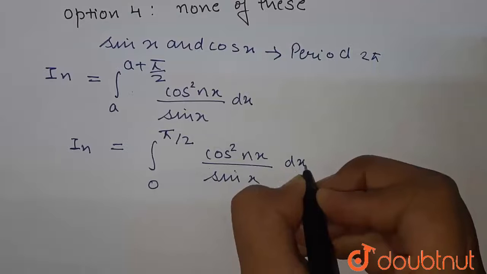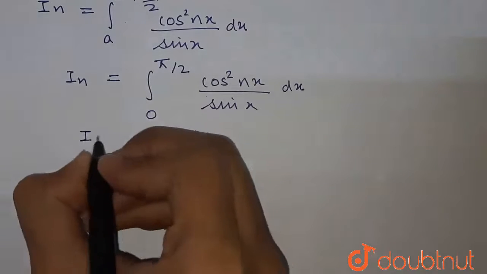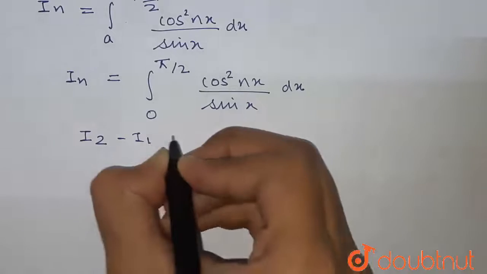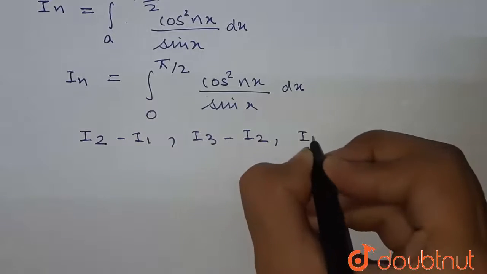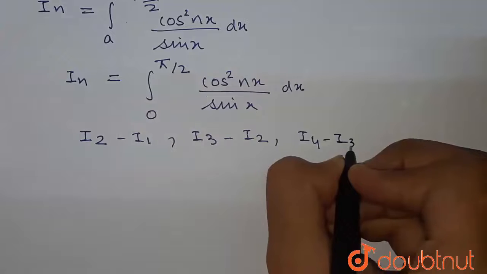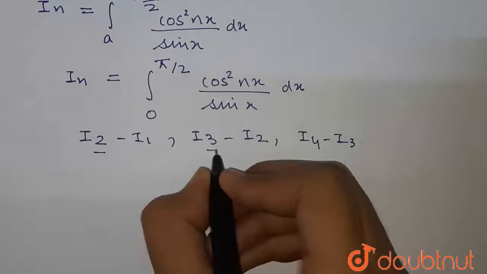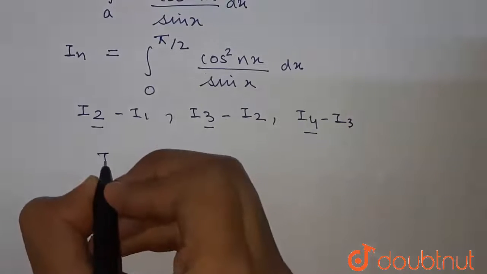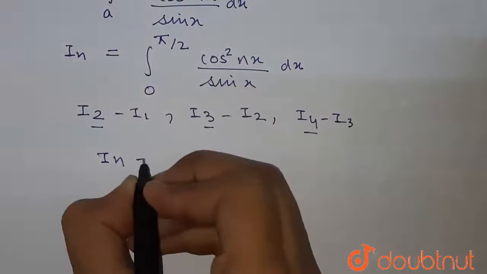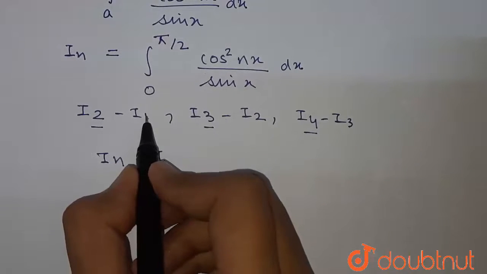Here we are given I2 minus I1, I3 minus I2, I4 minus I3. If we have a look at these terms, I2, I3 and I4, and we write these as In minus something, this is nothing but In minus I(n minus 1).